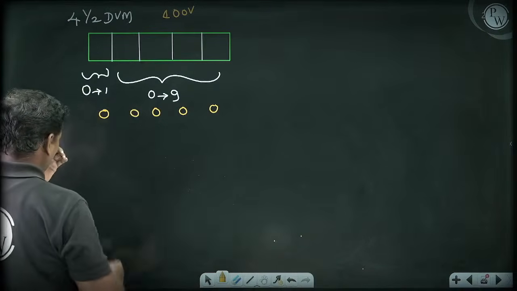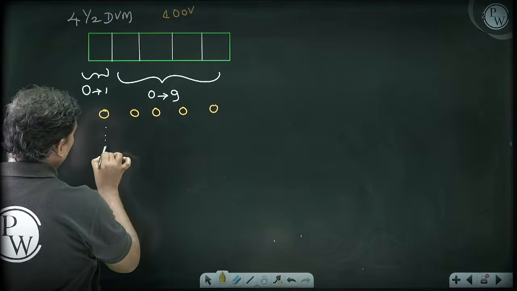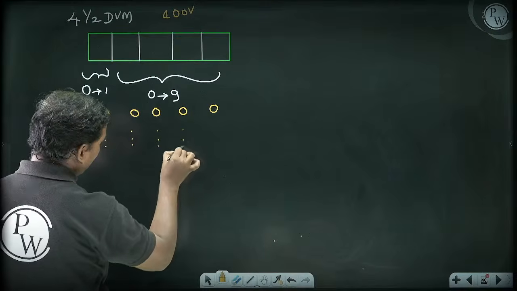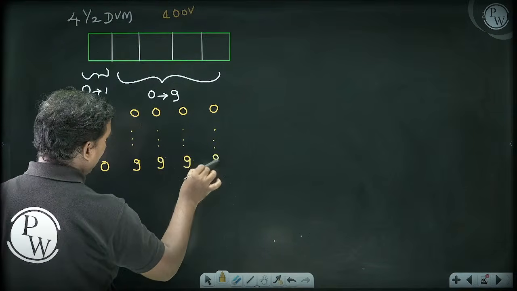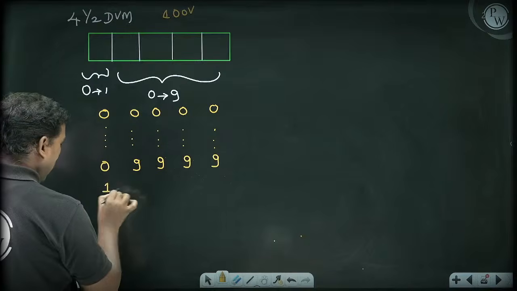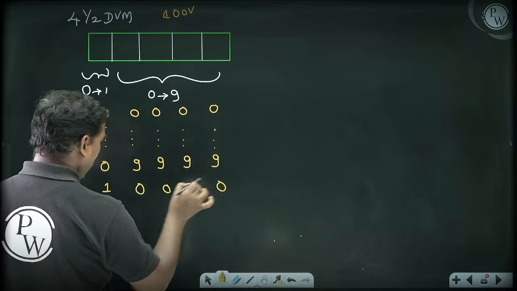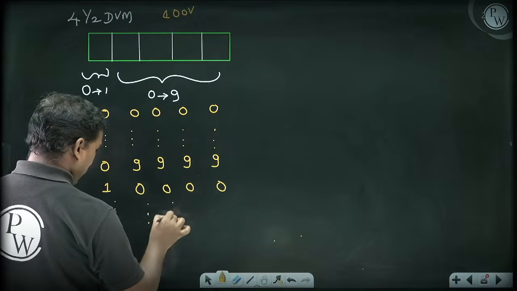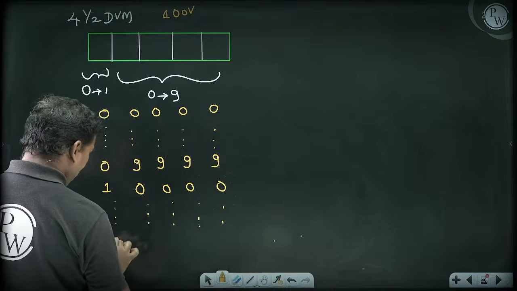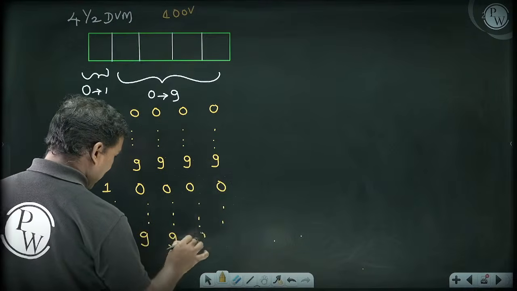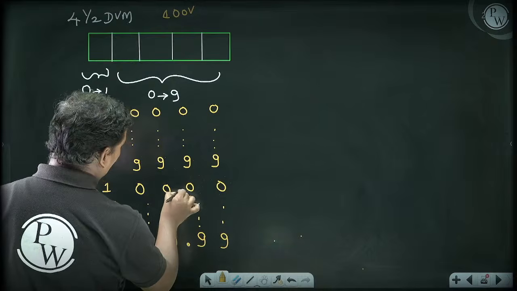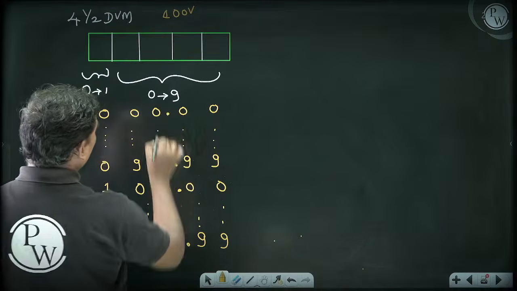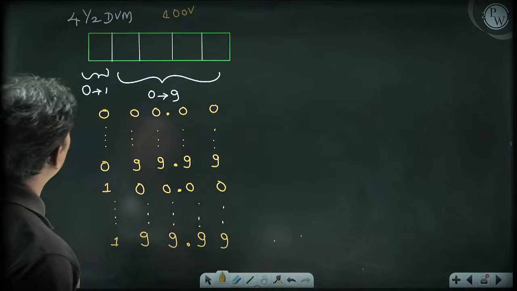So it will go up to 0.9999. Next comes 1, 0, 0, 0 and goes up to 19999. So this is the 100 volts. The range will be double the 4.5 digit.